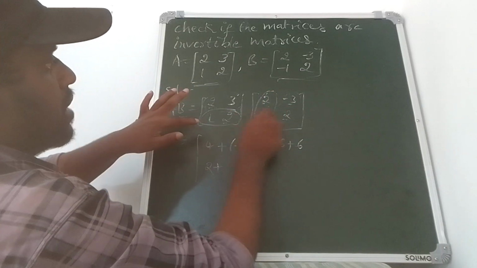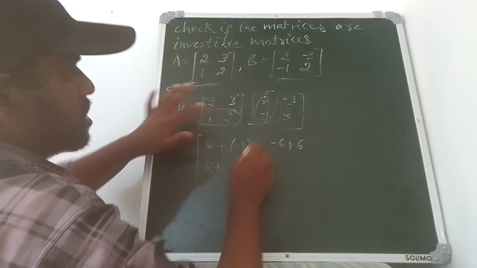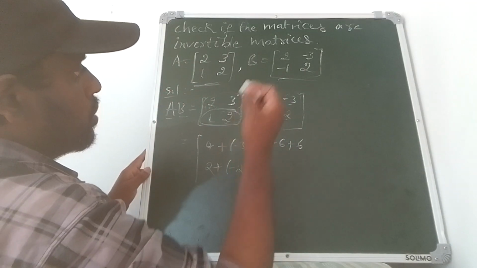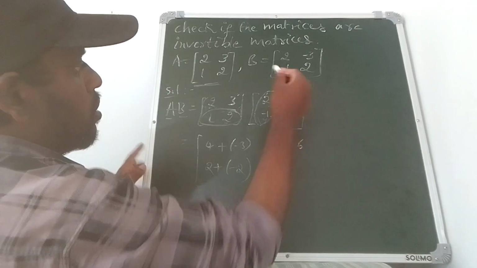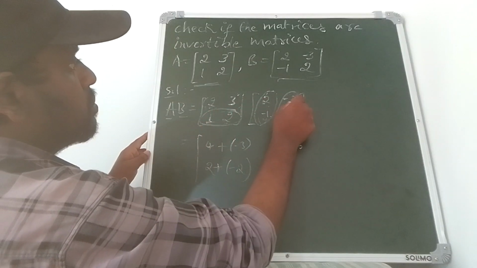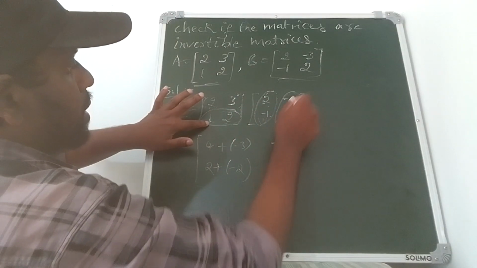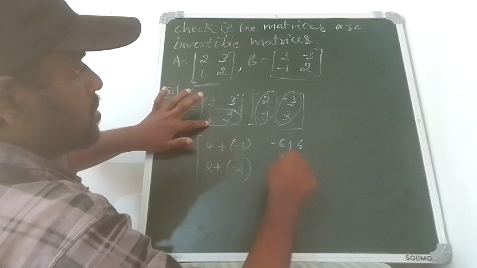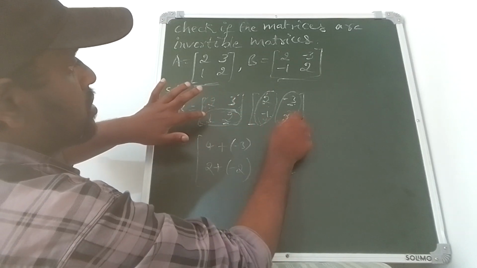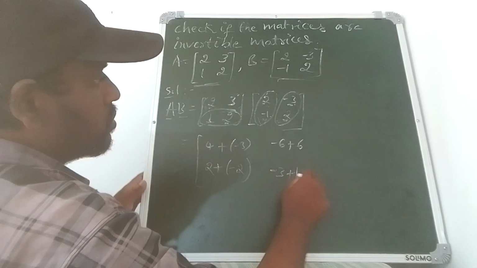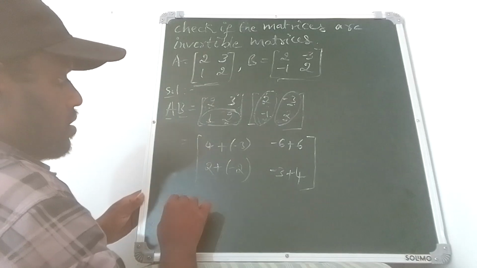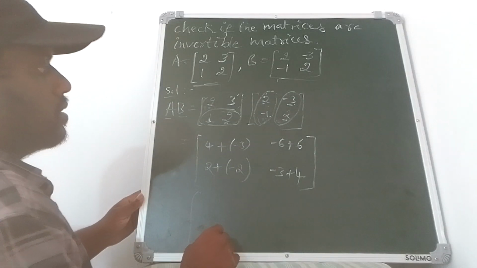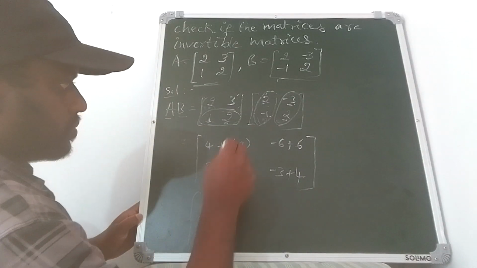Plus this is second element, 2 into minus 1, minus 2. Next consider the second column. This is first element, so 1 into minus 3, minus 3. Plus this is second element, 2 into 2, 4. Next square bracket. Now we have to simplify.